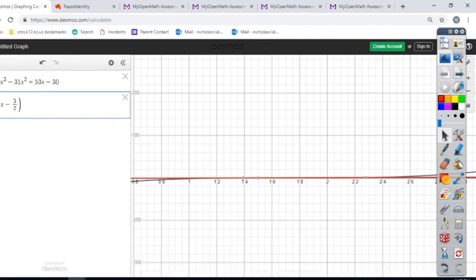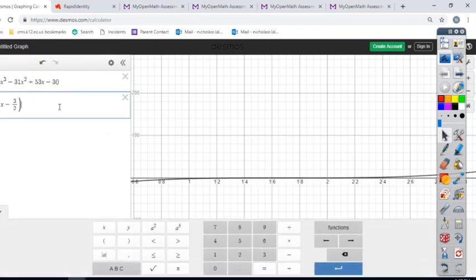I'm going to close this off for a second. We have a 0 of, this is 1.66666, that's going to be 1 and 2/3, or 5/3. We have a 0 of 5/3, we have a factor of x minus 5/3.